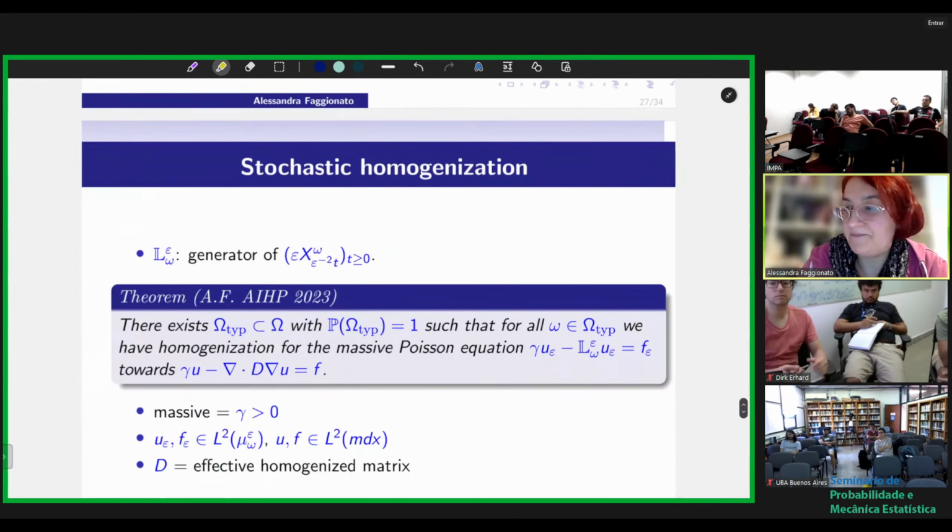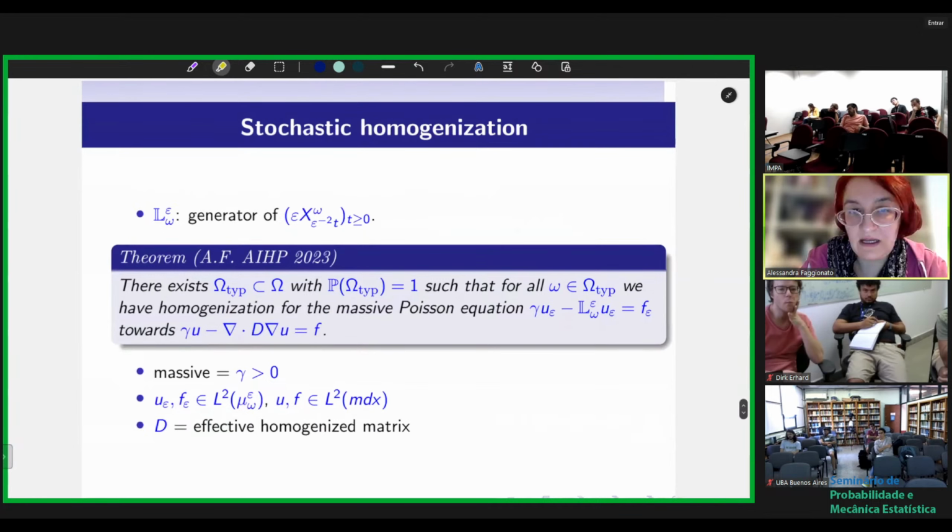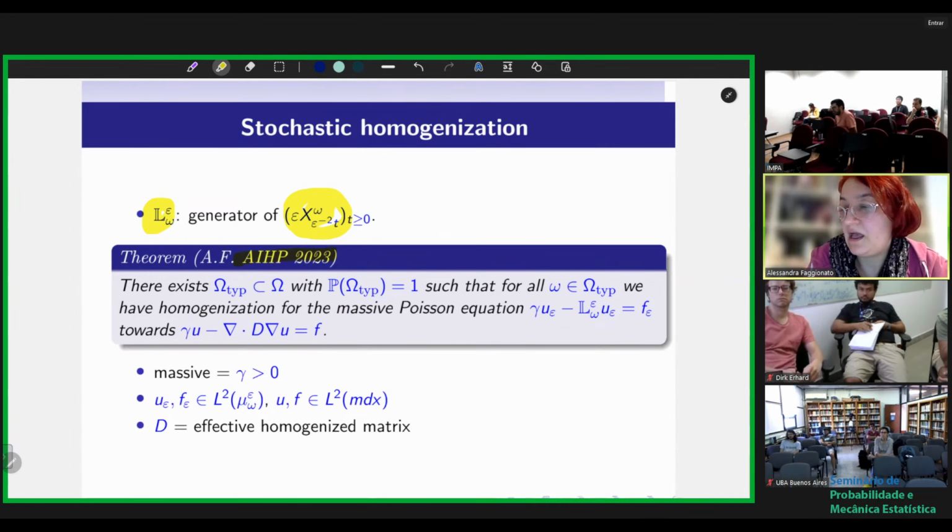Okay, and then let us consider some scaling property of this random walk. So I consider the random walk, but rescaled diffusively. Okay, and I call L epsilon omega the generator. Okay, and then I obtain this result. Yeah, I am a little vague, but okay, soon I will show you something more precise.